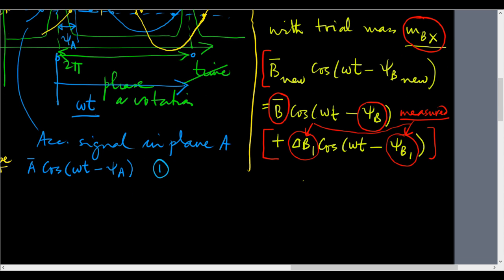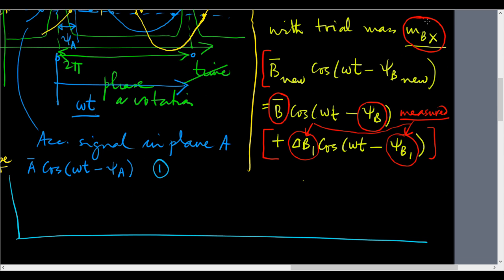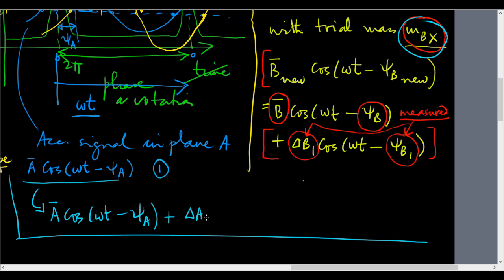There is one minor complication, which is that when I add mbx, this is going to change too. So this is going to change to a bar cos omega t minus psi a plus delta a1 cos omega t minus psi a1. And I emphasize that this one and this one are measured.